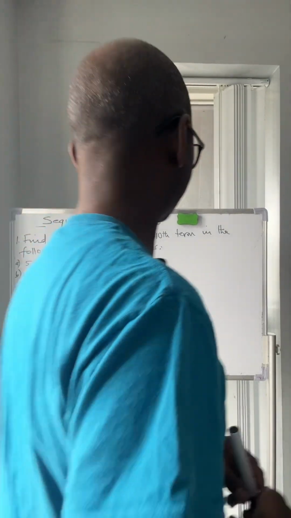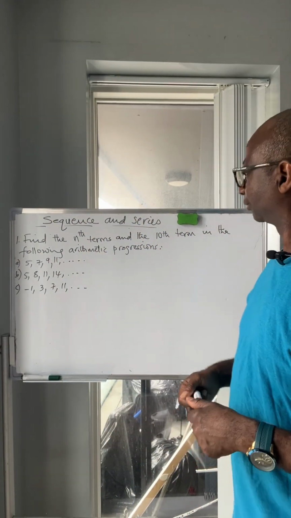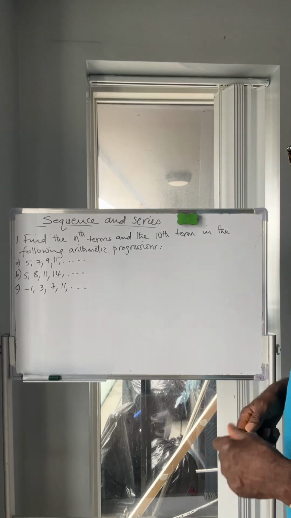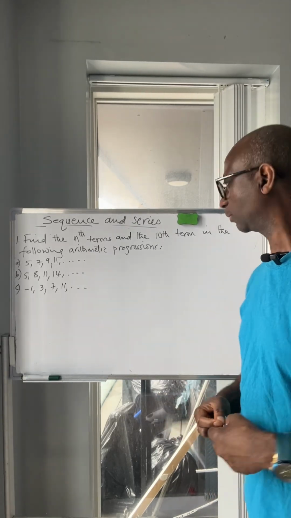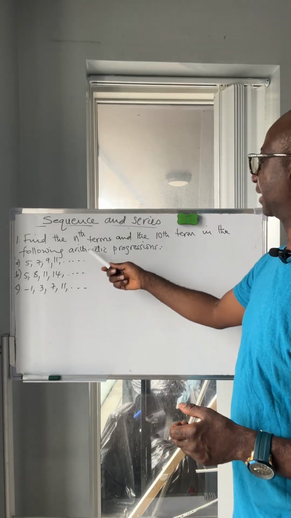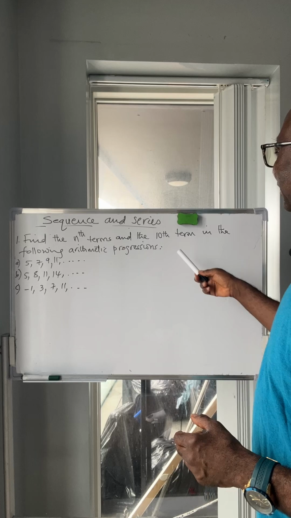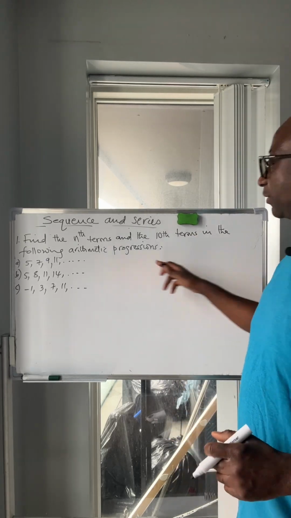We are looking at the sequence arithmetic progression, and we have a couple of problems here to solve. We are asked to find the nth terms and the 10th terms in the following arithmetic progressions.